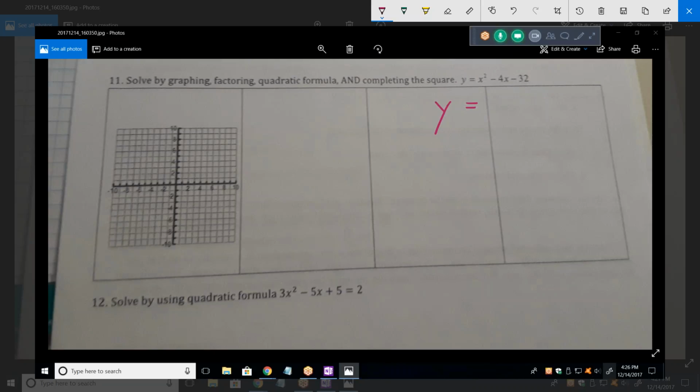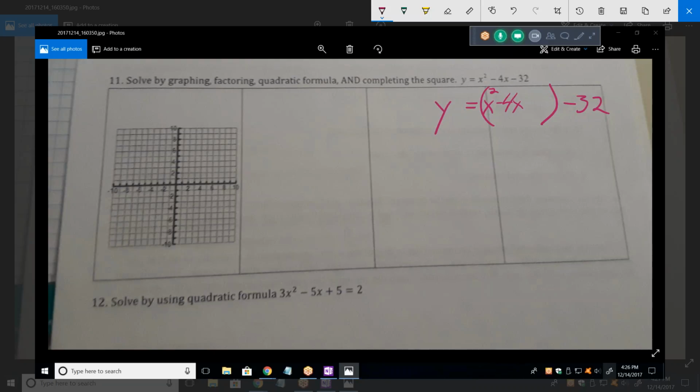So, outside the parentheses is negative 32. Okay, what's inside the parentheses so far? X squared minus 4x. And always leave room because you know you got to add something in there.